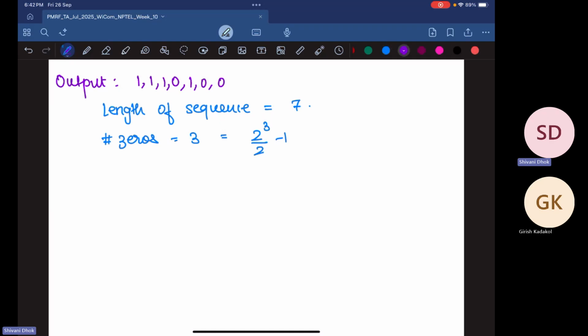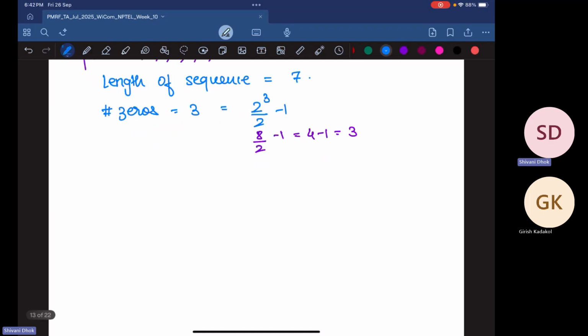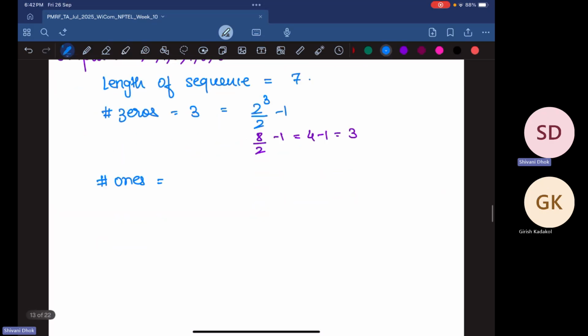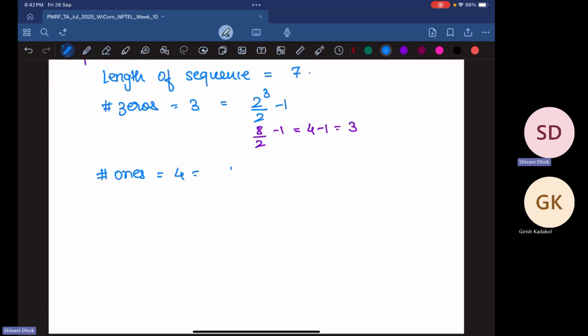So here 2 to the power 3 is 8, by 2, minus 1, which is 4 minus 1, which is equal to 3. And the number of ones, if we count, they are essentially 4, which is equal to 2 to the power 3 by 2. So this is basically 8 by 2, which is equal to 4.